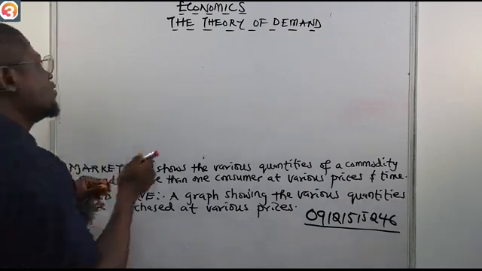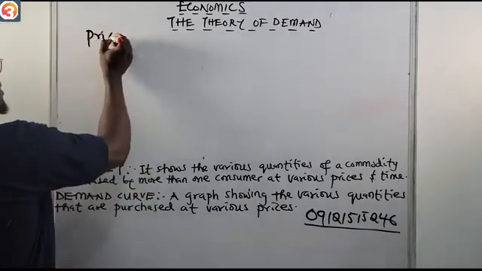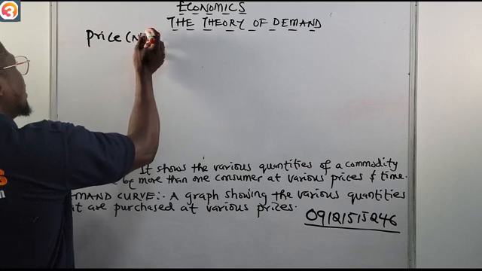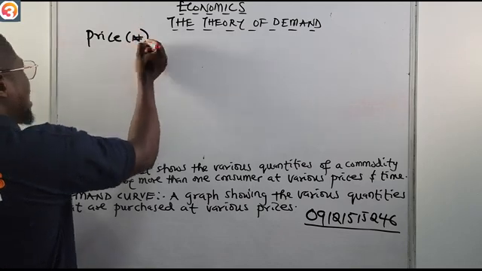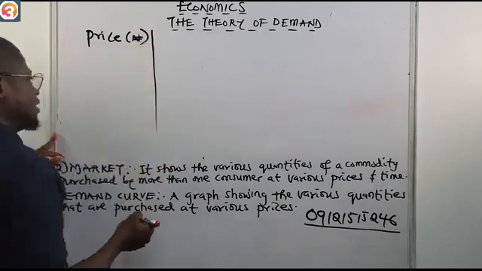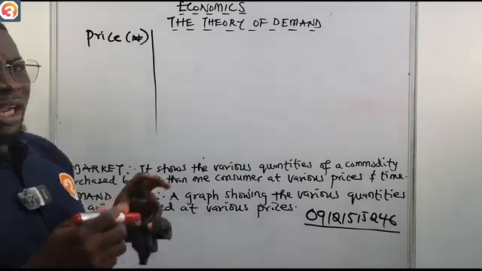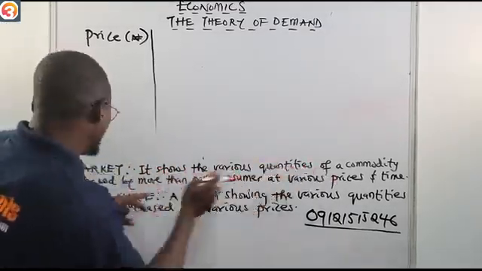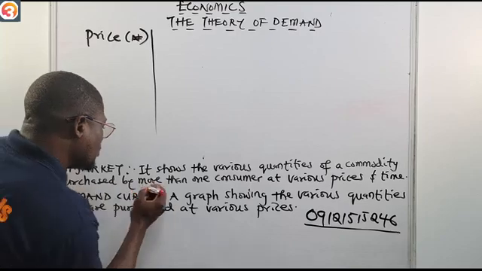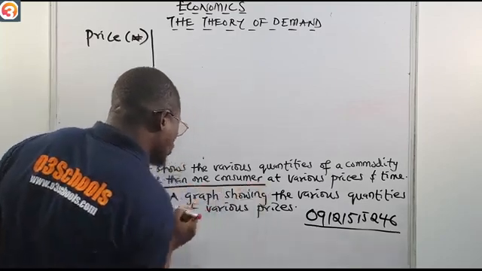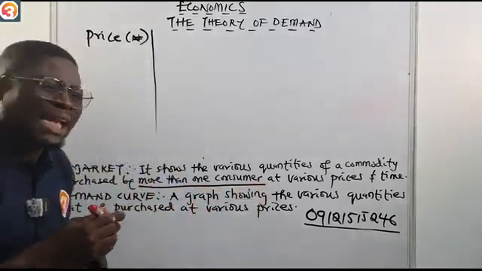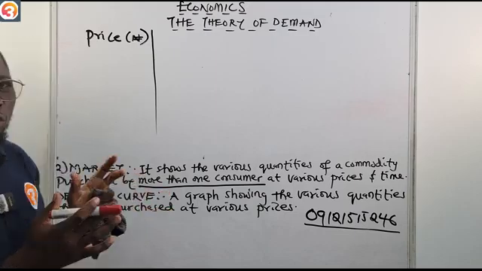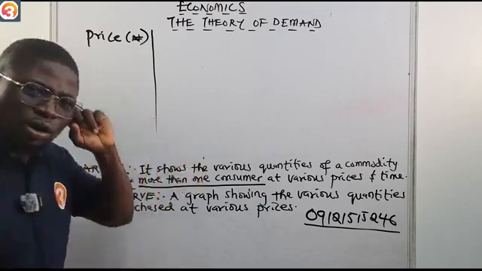So we have the price of a commodity, again in naira. It shows the various quantity of a commodity purchased by more than one consumer. We're not talking about one consumer again, because it is not an individual consumer. We're talking about more than one consumer.